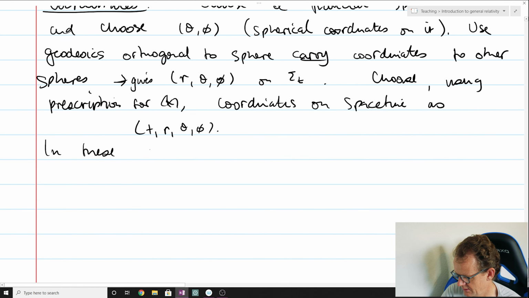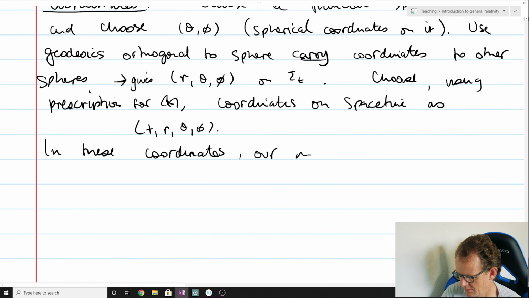And in these coordinates, our metric becomes the following.